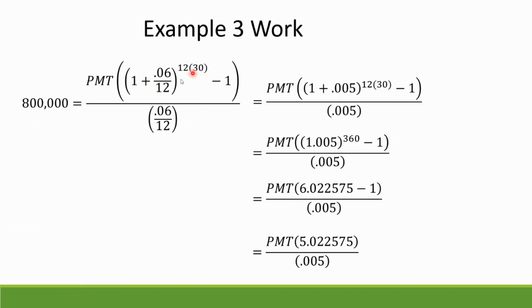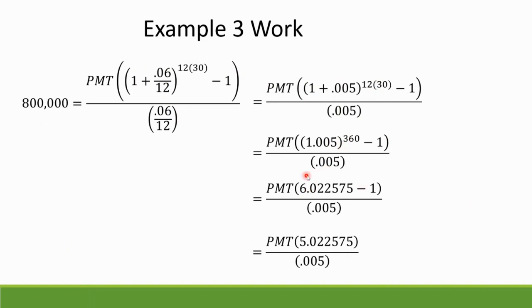This quotient is just this, 1 plus this, as you can see. And now we have the exponent, which is 12 times 30, which is 360. So we're raising that to the 360. And what is that equal to? Again, we're doing order of operations. So we do this first, and what do we get?